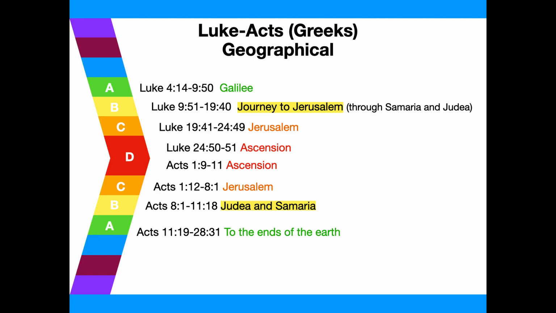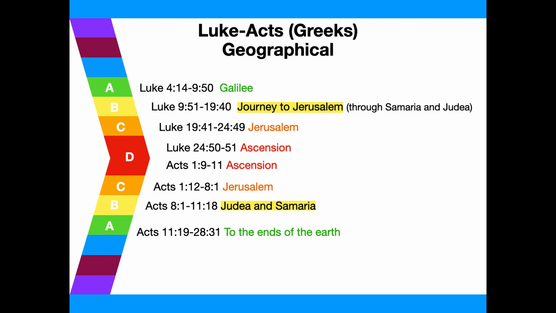And he does a geographical chiasmus. So they start in Galilee and go to Jerusalem, and then there is the Jerusalem period, and then the ascension, meaning ascension being the presence of God or heaven. So a place instead of just what the ascension is, but the place that they go to.